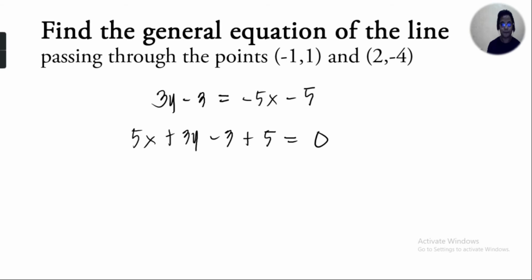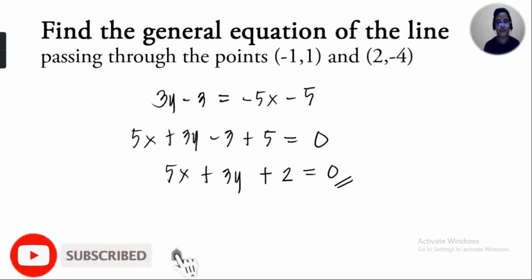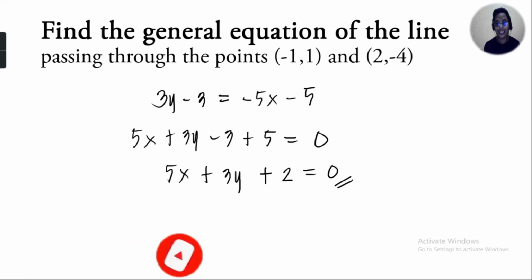Simplifying this equation, 5x plus 3y plus 2 is equal to 0. Therefore, the general equation of the line passing through the points negative 1, 1, and 2, negative 4 is 5x plus 3y plus 2 is equal to 0.